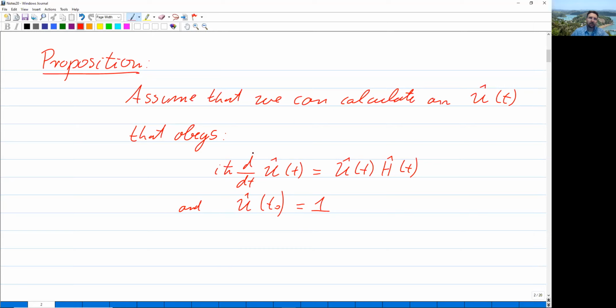So assume that we can calculate such an operator-valued function of time, just one of those.